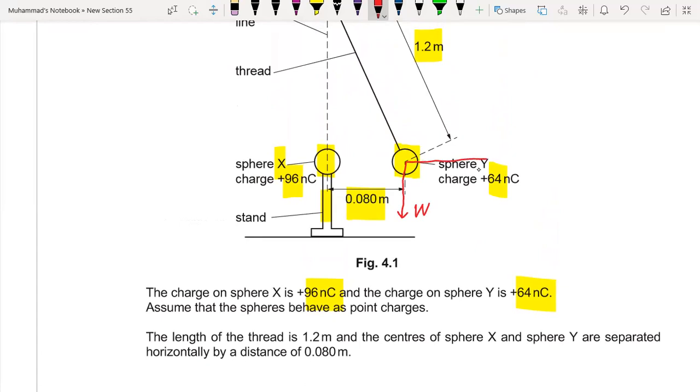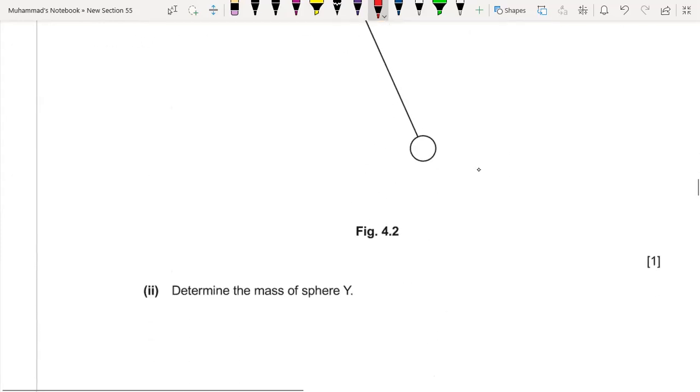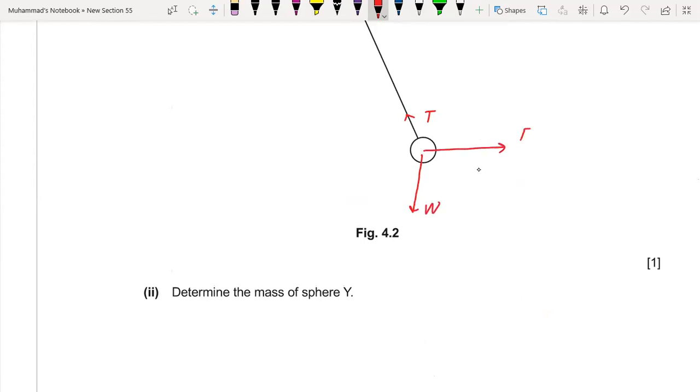Then there is the electric force on this charge due to the other charge, which is repulsive, and the tension. These are the three forces. So you have to draw these three forces over here: tension, weight vertically downward, and the electric force.